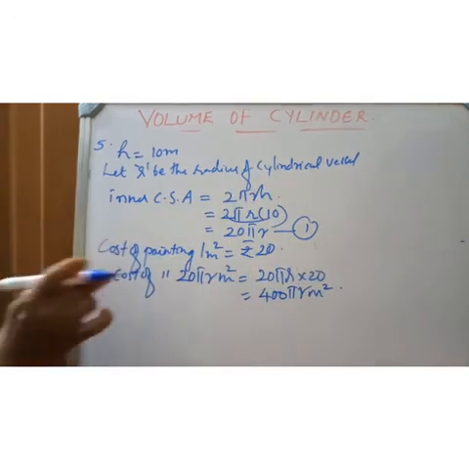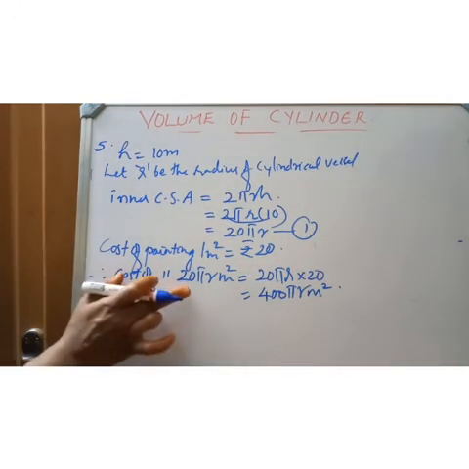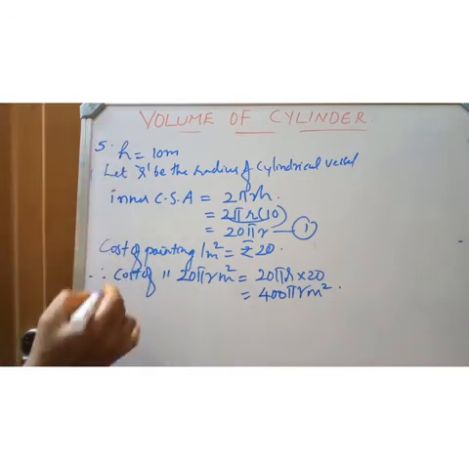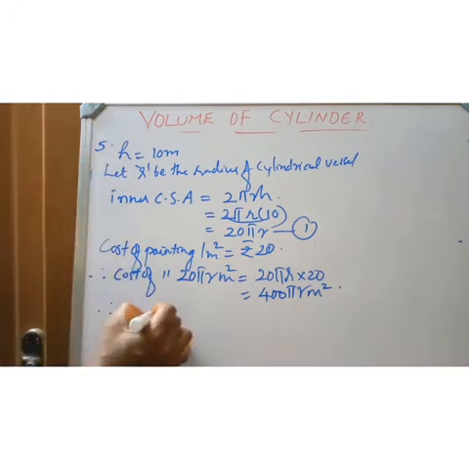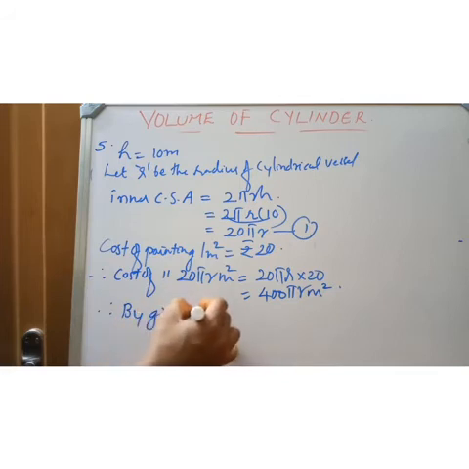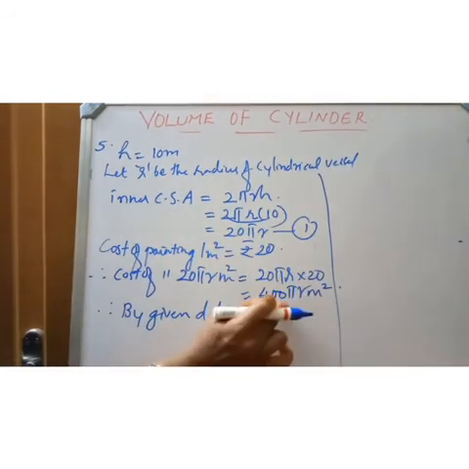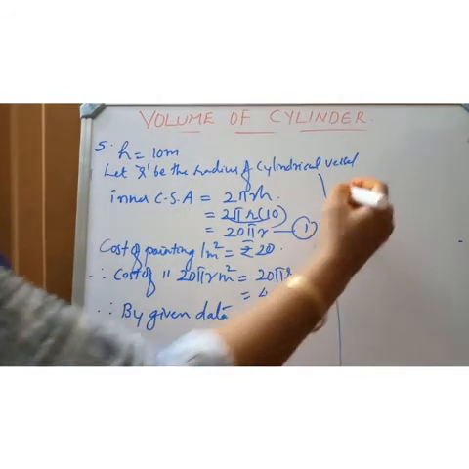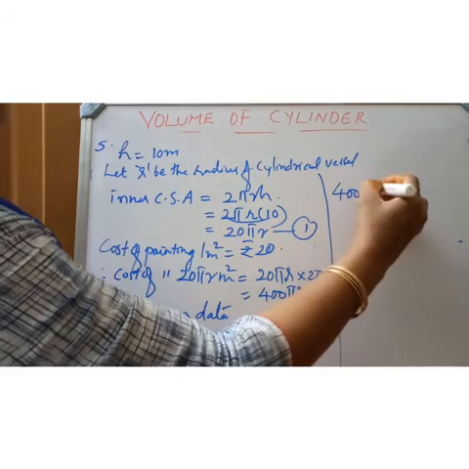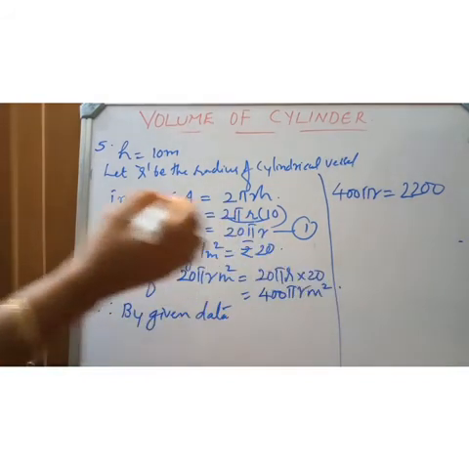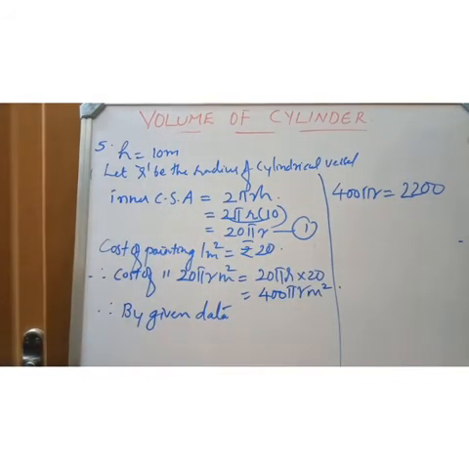Okay children. So the cost of painting at rupees 20 per this much area they have given as 2200. Therefore, by the given data, or according to the question, both are the same. This 400 pi r they have given as rupees 2200. Pi value they didn't ask you to put 3.14, so we can substitute 22 by 7.